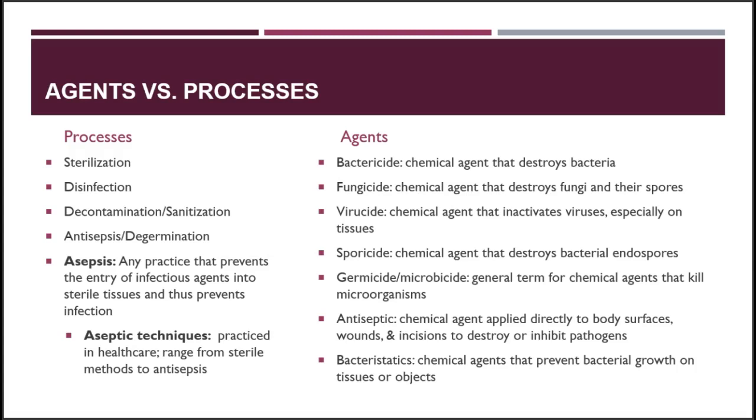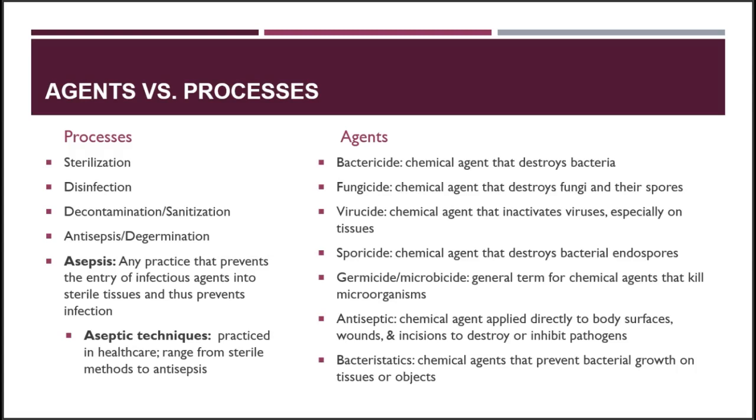Then we have agents. So agents are the chemicals or other materials that we might use in those processes. So we have a number of different agents, and each agent has a varying target. So a bactericide is a chemical agent that destroys bacteria, and it is only effective against bacteria.